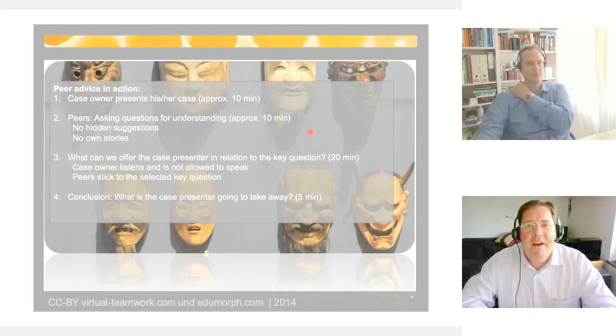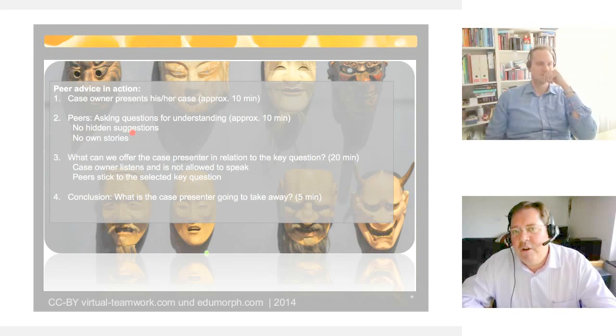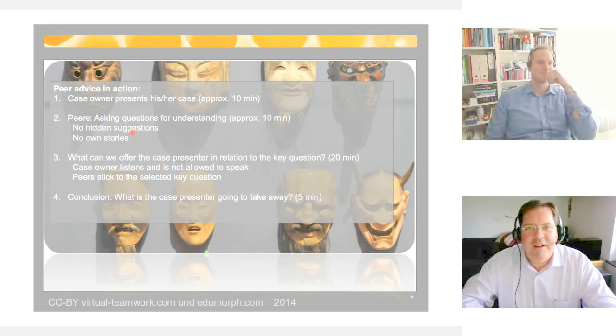Then the peers ask the comprehension questions, only comprehension questions, and here I have to ask you to be very disciplined, only comprehension, no hidden suggestions. So not, have you tried talking to the boss on the telephone? That's a kind of suggestion.